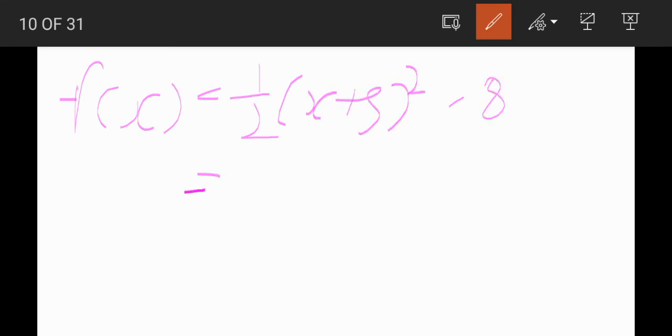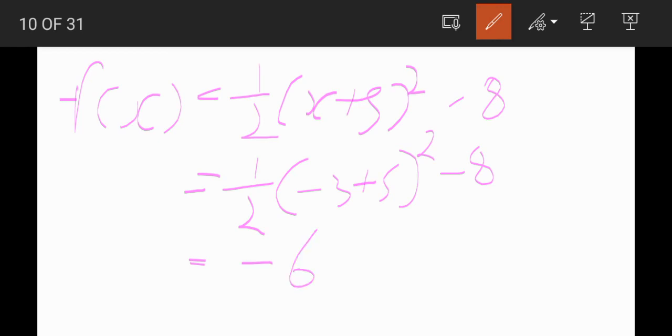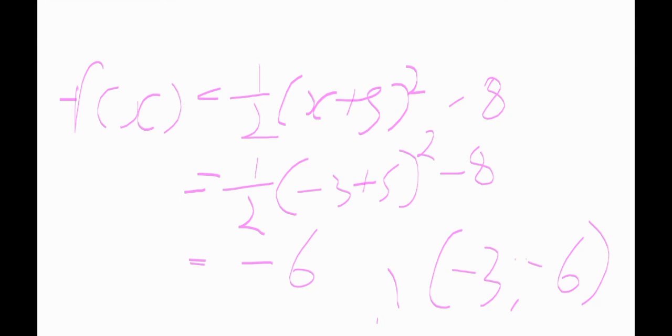What is our x? It's negative 3. So we're going to have half (negative 3 plus 5) squared minus 8. Then you don't have to do a lot. Just punch that in your calculator. Then negative 6. Now what's the point of intersection? The point of intersection is (negative 3, negative 6) in coordinate form. That's your point of intersection. And that's how you could have solved this question. Voila!